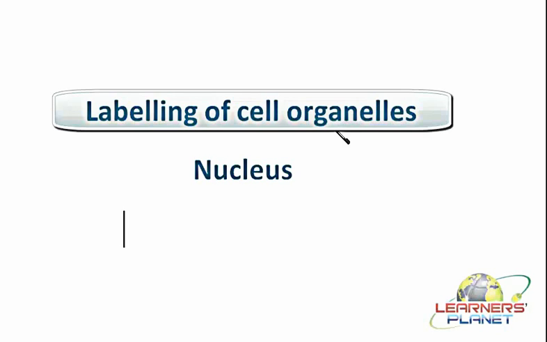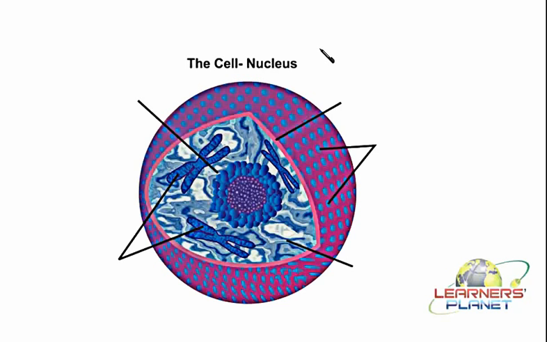So in today's session we are going to give you one example of such a pattern, that is labeling of a diagram, and here we have chosen the diagram of a cell organelle, that is the nucleus. See, in your exams, in a particular question, there might be some organelles written, and the examiner may ask you the function of that particular organelle.